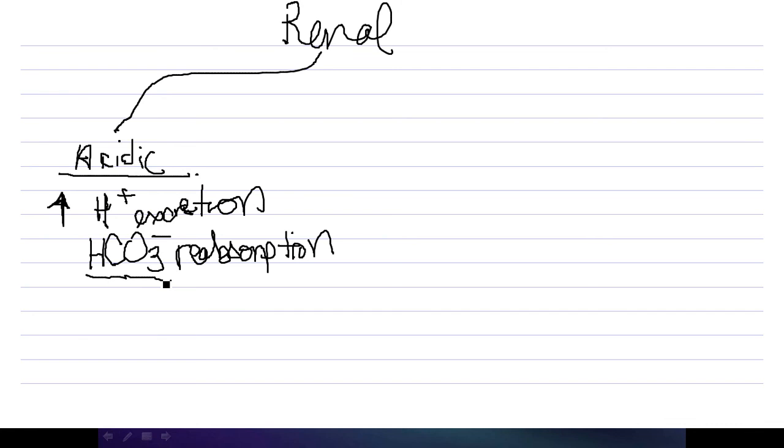Well, remember, bicarbonate can act as a buffer and pick up excess hydrogen ions. So hopefully you're thinking that the more bicarbonate the better if we're acidic, so let's reabsorb more. So if you are acidic, you will increase the excretion of hydrogen ions and increase the reabsorption of bicarbonate.